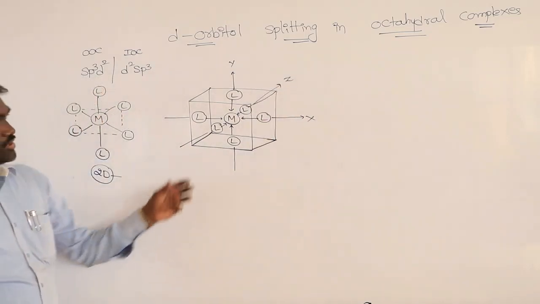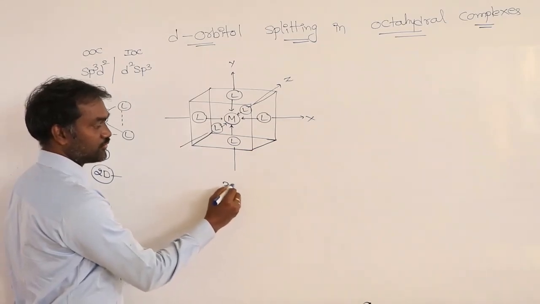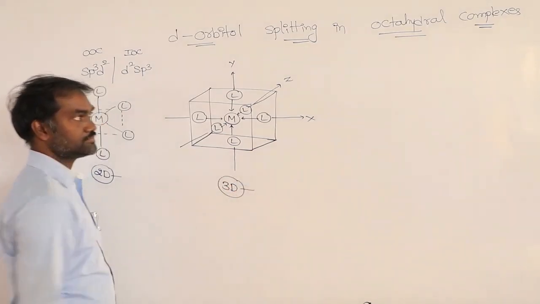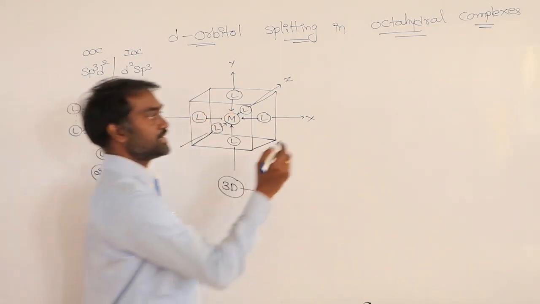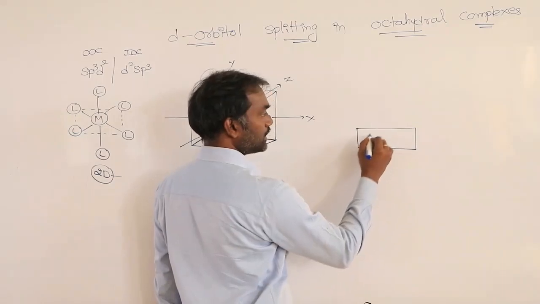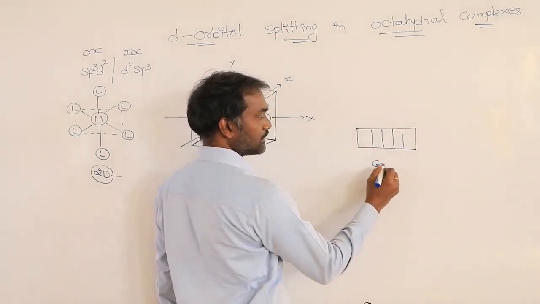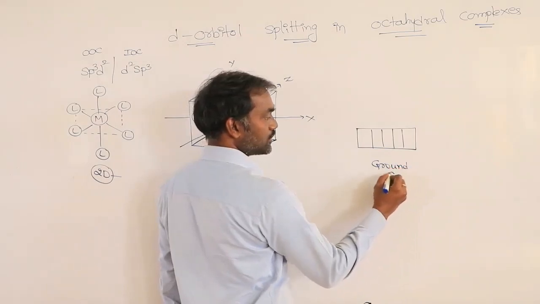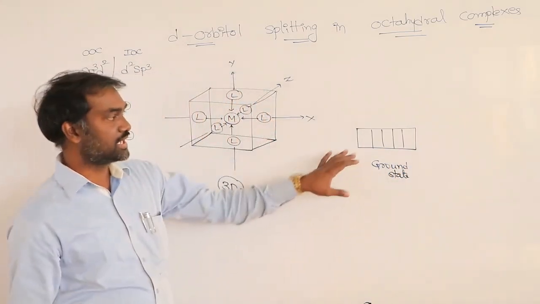In octahedral complexes, where are the ligands coming? The ligands are coming on the axis. First of all, in the metal ground state, the d orbitals are like this.